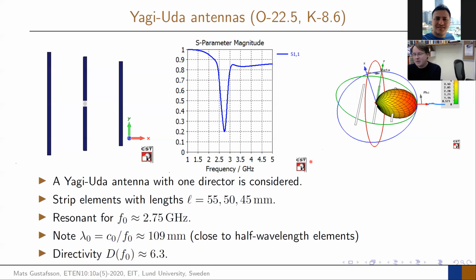But they align in a way that we can understand quite well. We just have to interpret what these radiation patterns are. The directivity in this case is about 6.3. So it's an antenna where you can improve the directivity of your dipole. You can easily get up to a directivity of 10 and so on by adding more elements in front of it. So it's a very good practical type of antenna.